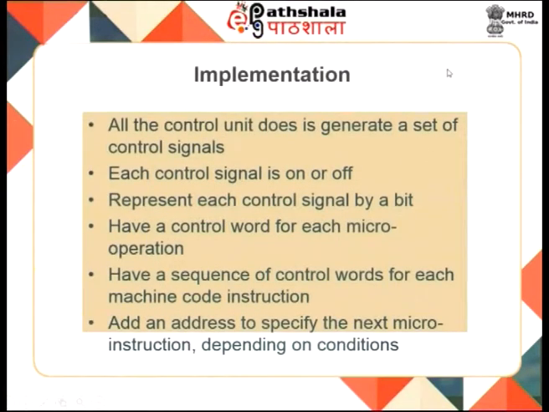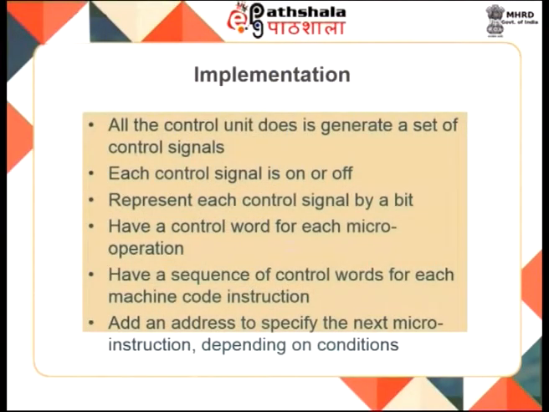Now, we look at the basic details involved in the implementation of the microprogram control unit. All your microprogram control unit does is generate a set of control signals. Generation of the control signals in all cases, whether you are looking at a microprogram control or a hardwired control, all that is required is a set of control signals that need to be generated at appropriate instances.